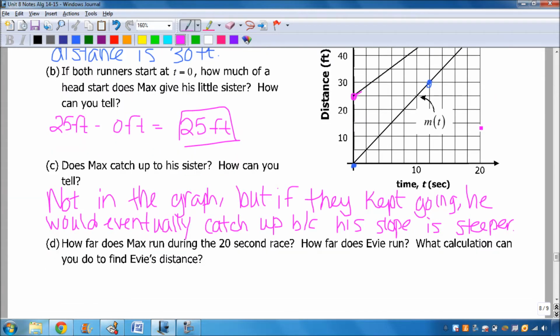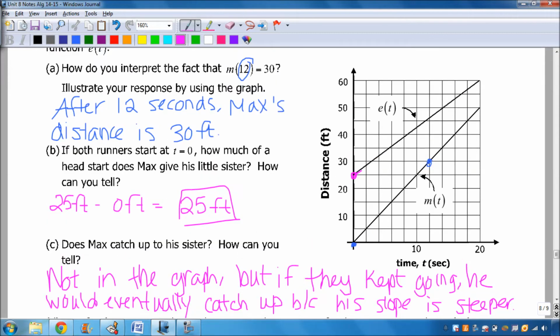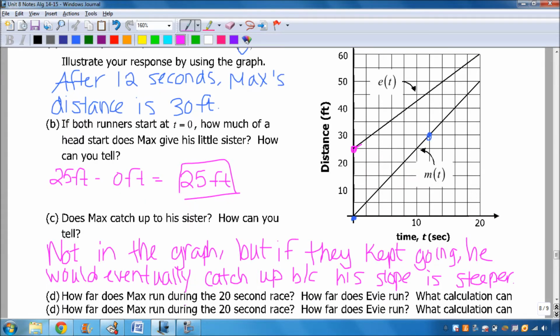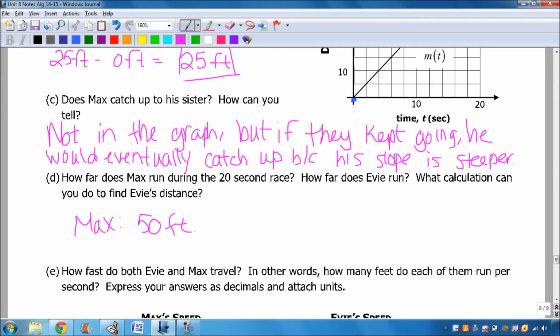So Max went 50 feet. However, Evie started at 25 feet, right here, and then after 20 seconds, she reached 60 feet. So to figure out Evie's distance, you have to do 60 minus 25, which is 35 feet.